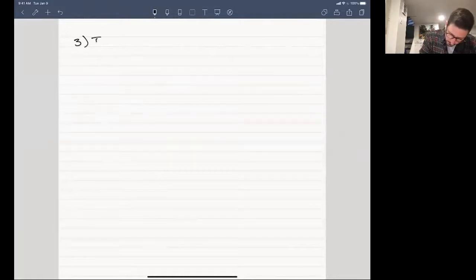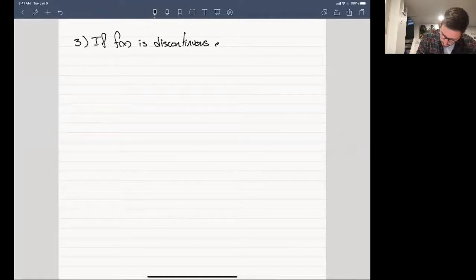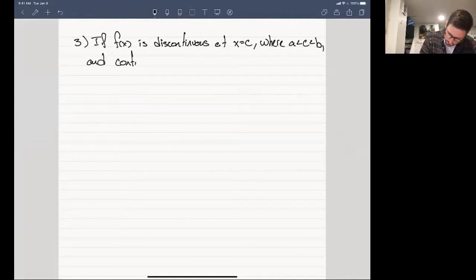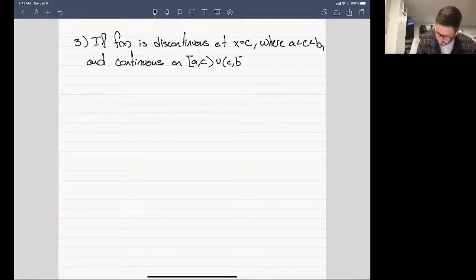If f of x is discontinuous at x equal to C, where A is less than C, which is less than B, and continuous everywhere else, so continuous on the interval A to C, and the union C to B. So basically continuous everywhere else in the interval.